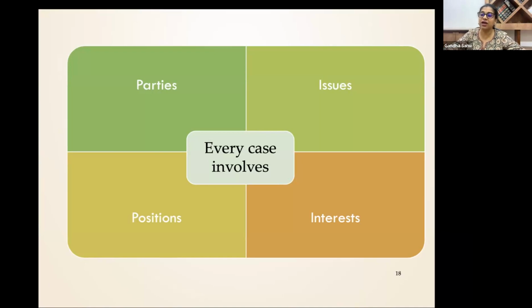They come because they have issues with each other. There's a dispute because two parties want two different things. The things they want are issues. Positions are what they say they want. And interests are what they really want.